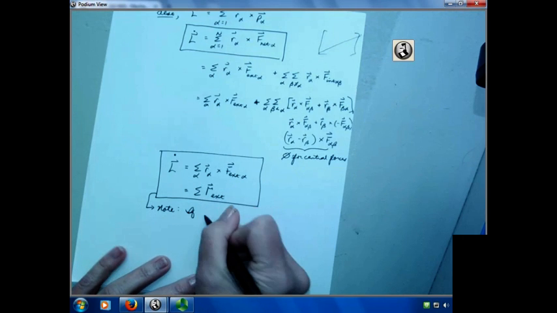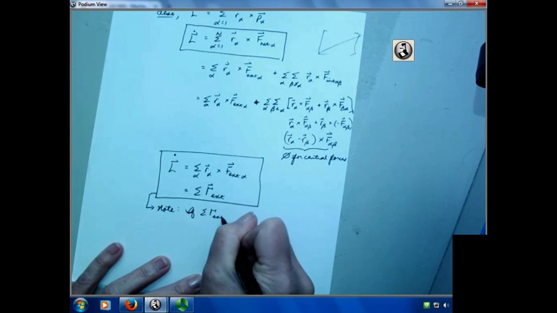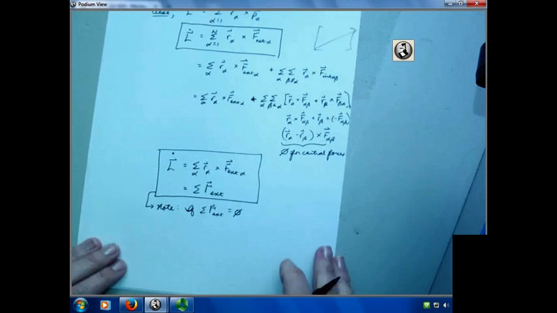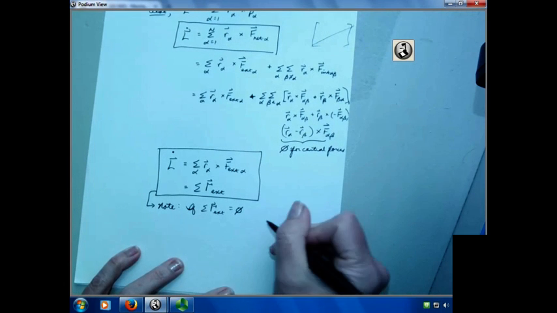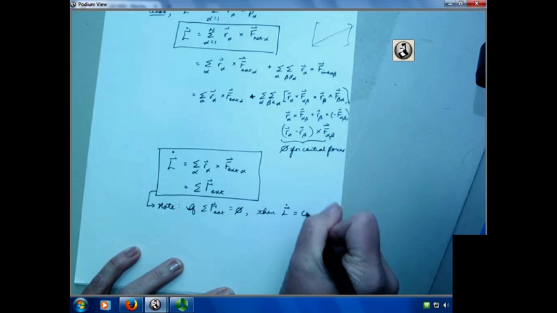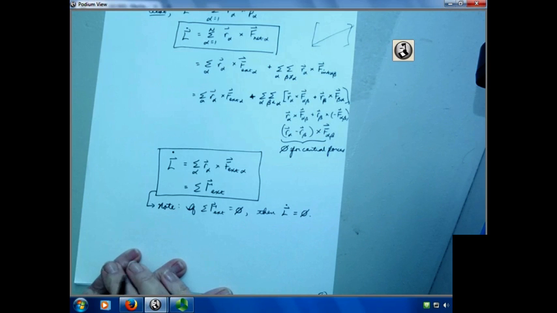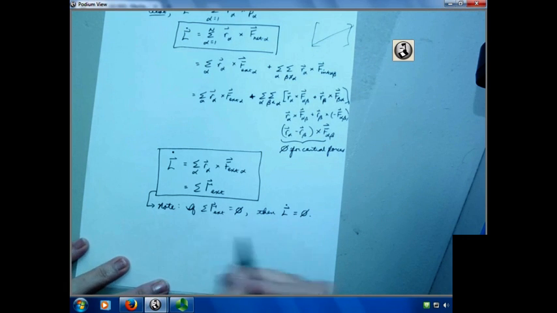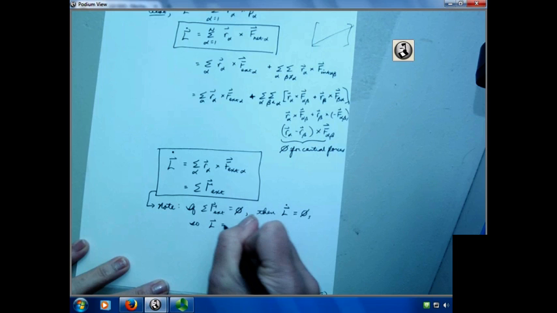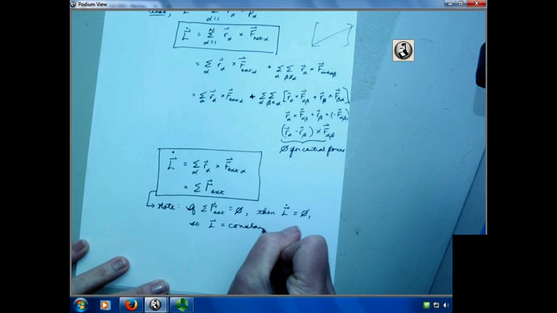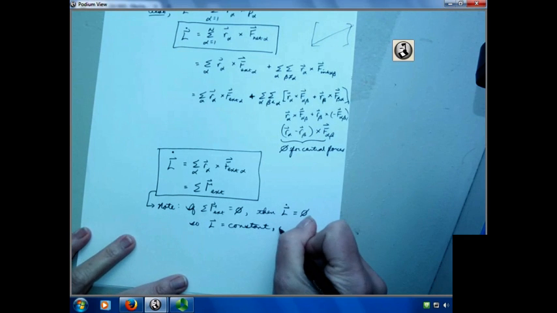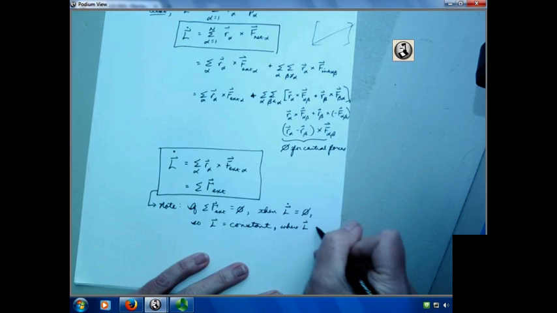If net external torque on my system is 0 for an n-particle, multi-particle system, then the time rate of change of the total angular momentum is also 0. And what that means is that the angular momentum will be constant. Okay, and that should be clear where that angular momentum that I'm talking about is the total angular momentum.